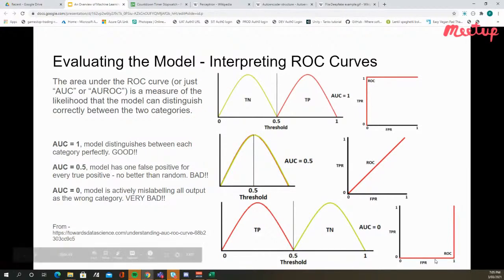And if you have this, where the curve is close to the bottom, then the model's actively mislabeling all the input as the wrong category, which means that every value that you're putting in to classify is coming out as the wrong category. And that is very, very, very bad. That's just awful.